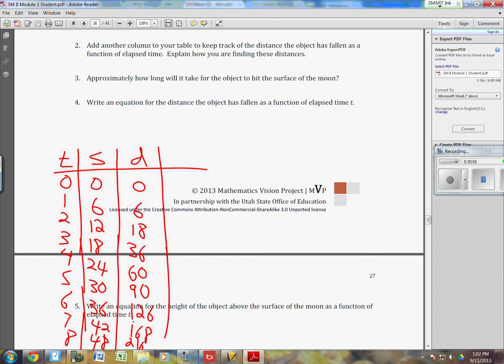Approximately how long will it take the object to hit the surface of the moon? Well, can we use this table to approximate that, you guys? Yes. What is it approximately? About between 7 and 8 seconds. We could be more precise by dividing 168 by 216, right?